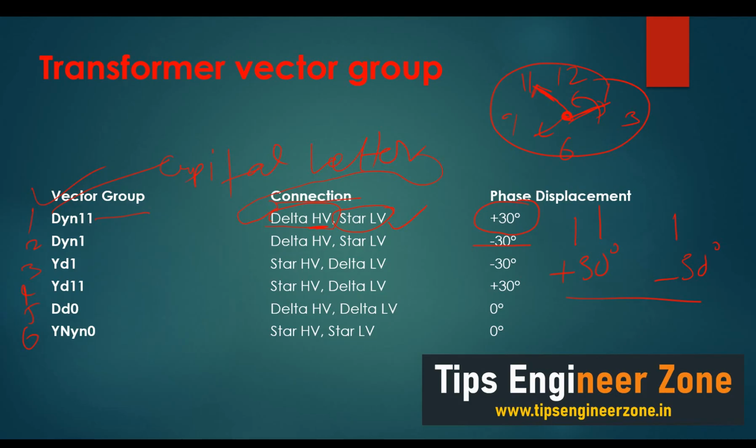Understood? Dyn1 is minus 30, YD11 means plus 30, and 0 means 0 degree displacement.